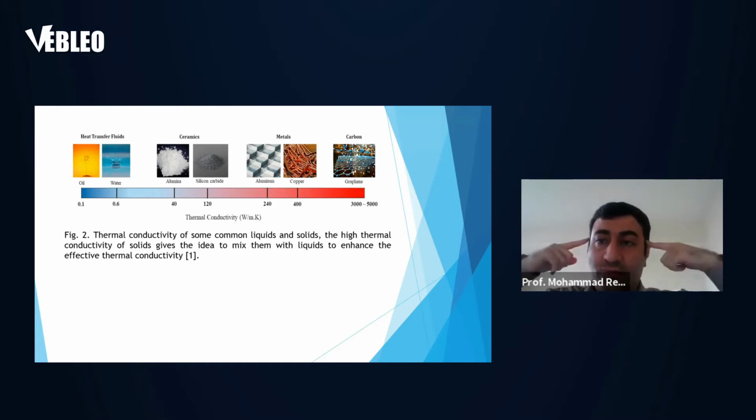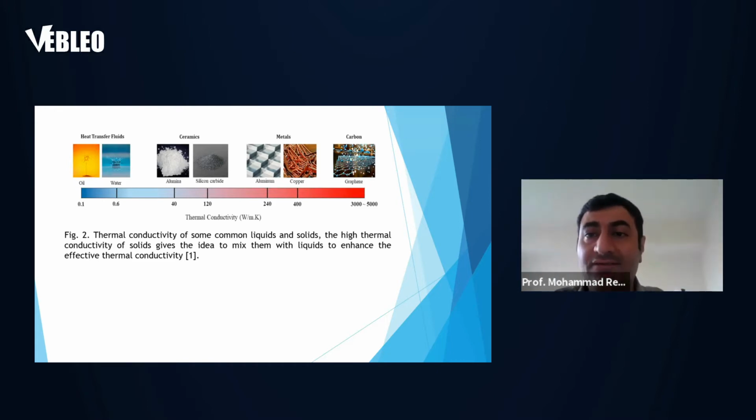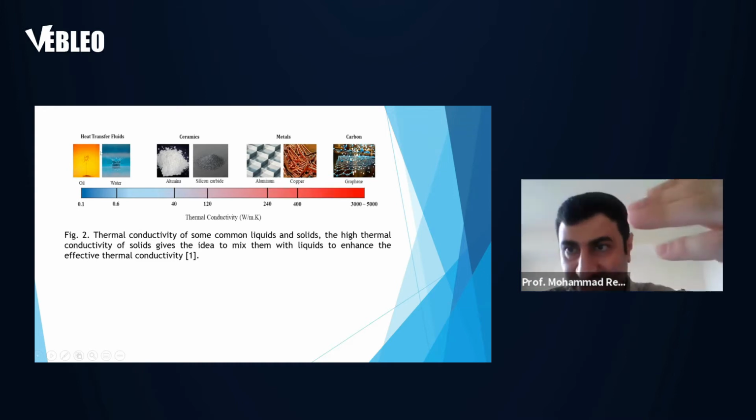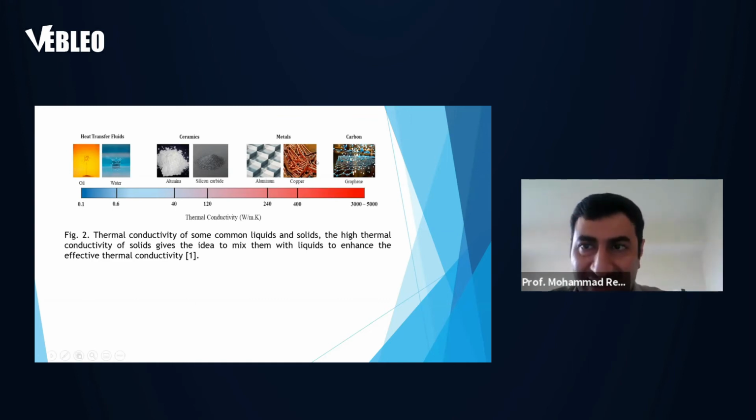So an idea comes to our mind: how can we use the capability of this solid inside this fluid to enhance the capability of this fluid to transfer heat better? In scientific words, we say: how can we use the solid material inside the fluid to enhance the thermal conductivity and heat transfer?